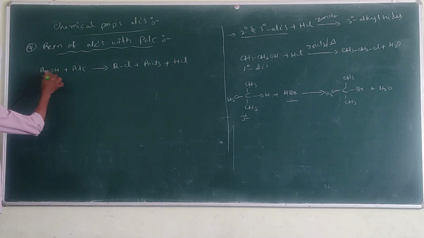One mole of alcohol reacts with one mole of phosphorus pentachloride.